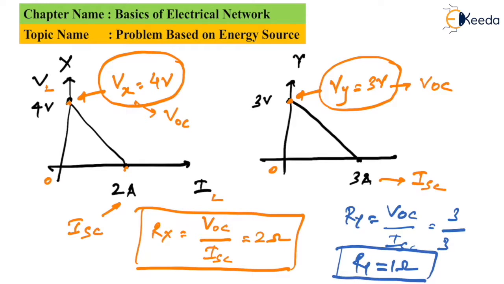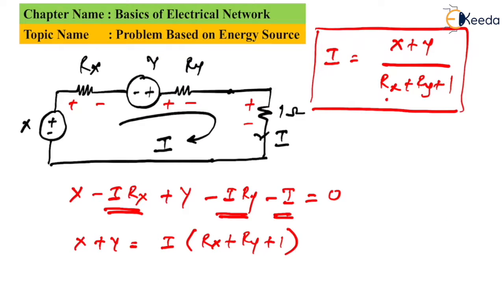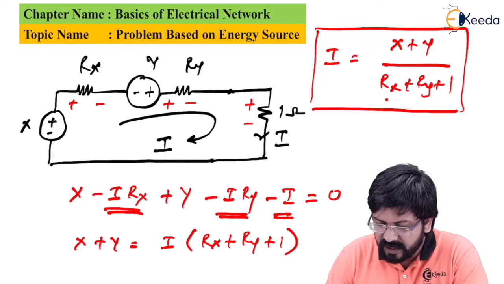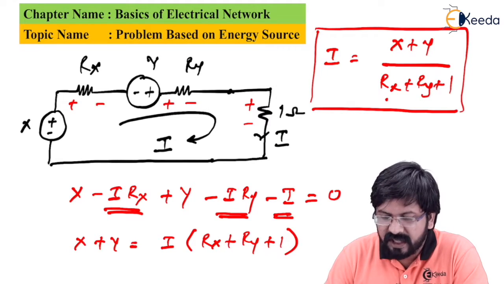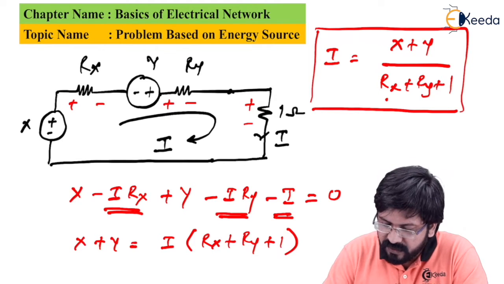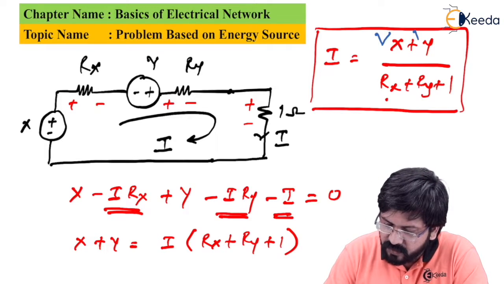So since we have the value of Vx, Vy, Rx and Ry, we can substitute all of them in the previous equation. The previous equation of I was X plus Y upon Rx plus Ry plus 1. This X plus Y is nothing but Vx and Vy.